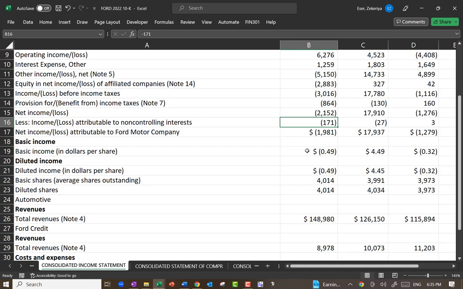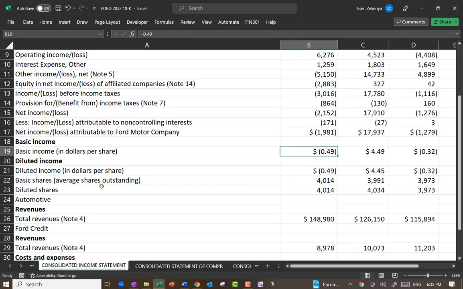That's why you have to add up 100% of net income. But not all of that is attributable to Ford shareholders. So that's why you need to look at that number. Net income attributable to Ford Motor Company, and net of minority interest.